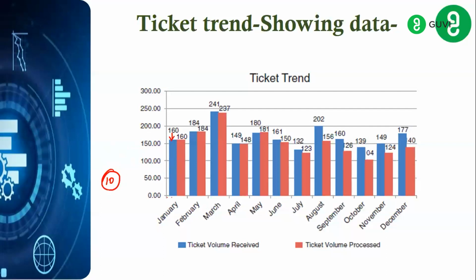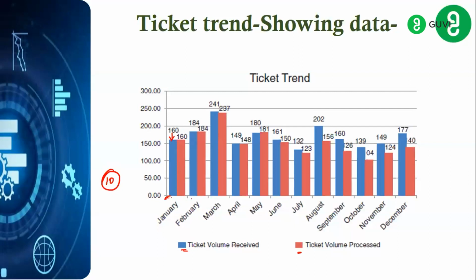So initially you have 10 team members, and during the January month you received 160 tickets. This blue color represents ticket volume received, and this red color is ticket volume processed. In the same month, whatever tickets or queries were received have been processed.